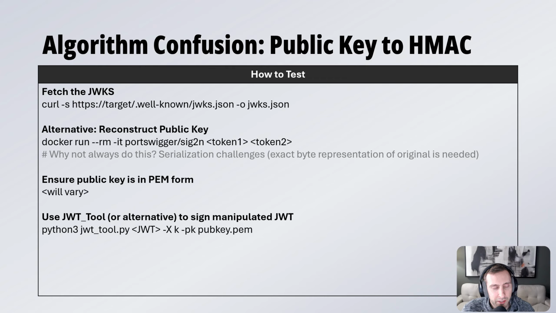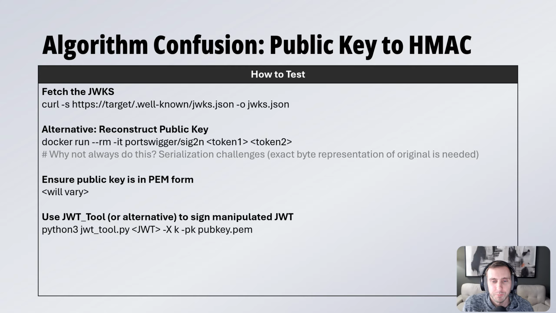So the tool I reference here is Portswigger's Docker container, but they have taken that from another tool that you can find if you go to their repo, or if you just search, is it Sig2n? That feels like a typo. I thought it was, maybe that's correct. You can find it pretty easily anyways.